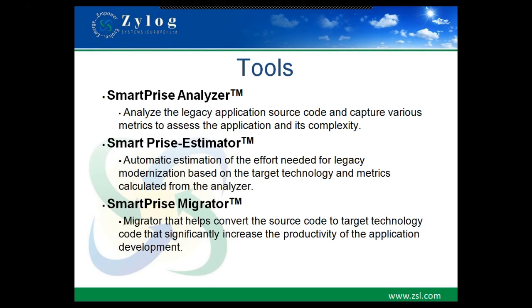The second group of tools is Smart Price Estimator, which takes those metrics from the Smart Price Analyzer and does an automatic estimation of how much effort it will take to migrate the application. It's not a one-solution-fits-all.